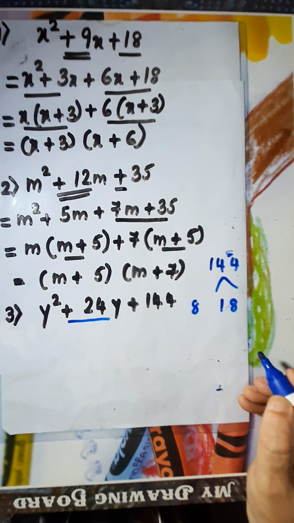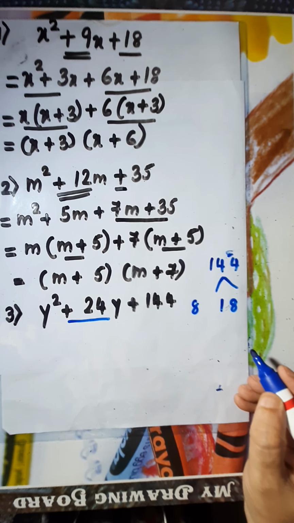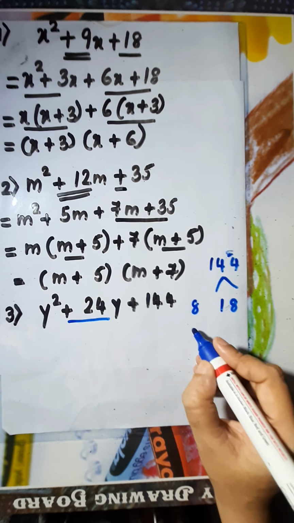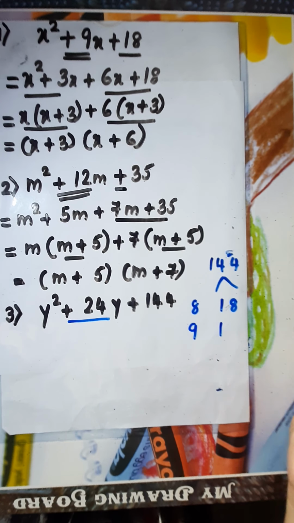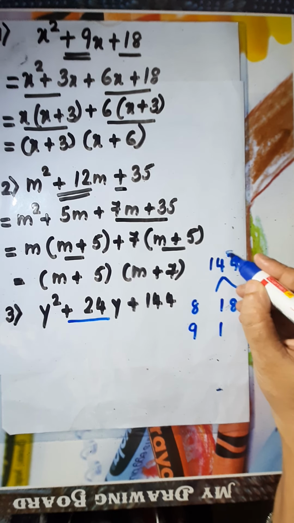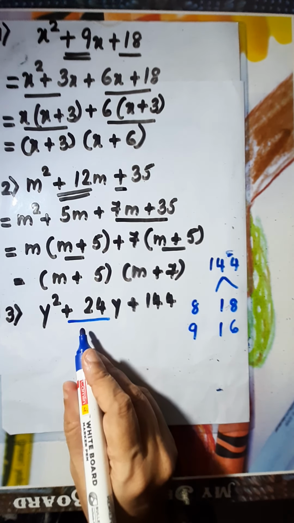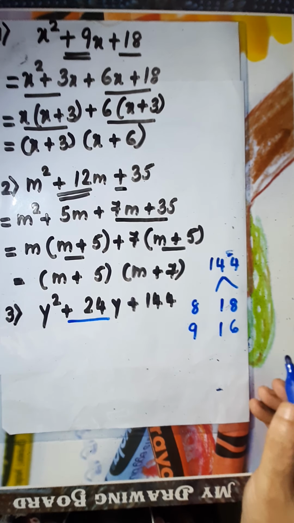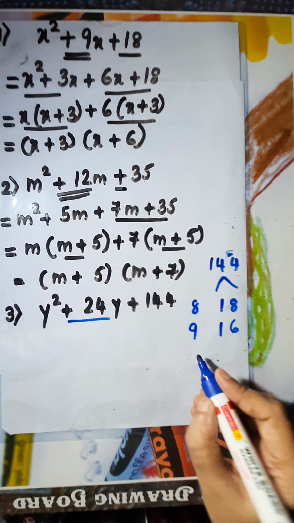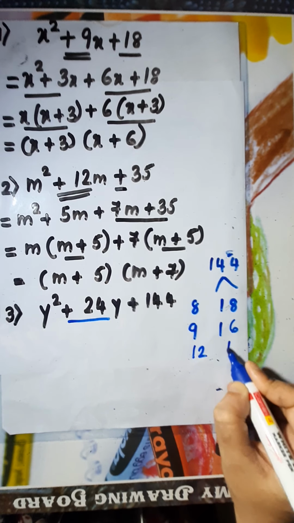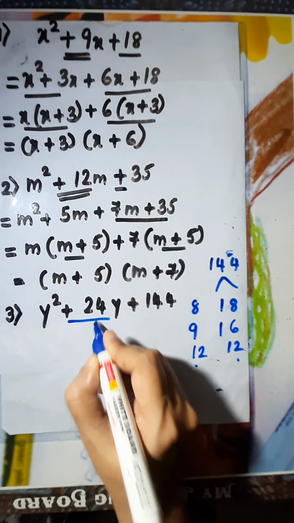Does 9 go? 9 ones are 9. 10, 11, 12, 13, 14, 15. 9 6s are 54. 16 and 9. Add 16 plus 9, 25. Not yet. 10 doesn't go, 11 doesn't go. Next table, 12 and 12. 12 plus 12 gives me 24.